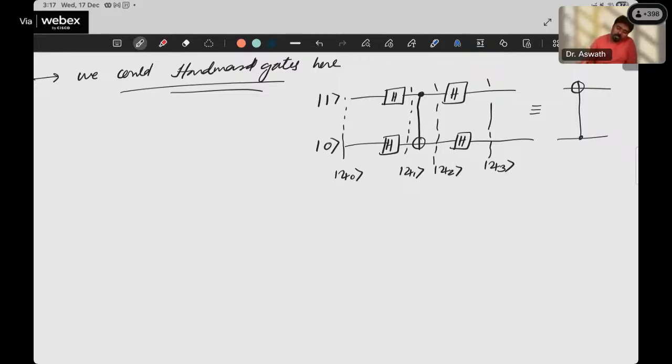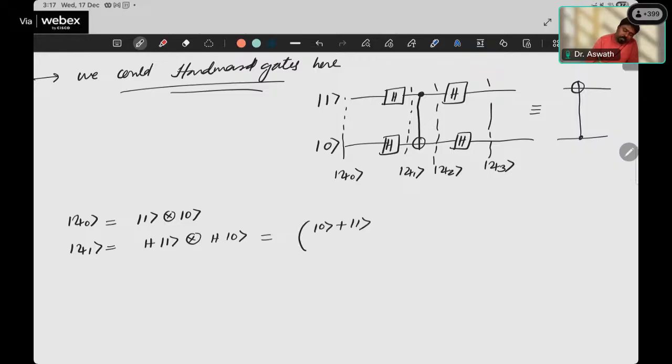I want to find the quantum states at various levels. First is psi 0, which is |1> tensor |0>. Now psi 1: Hadamard acting on 1, another Hadamard acting on 0, which gives (|0> minus |1>)/sqrt(2) tensor (|0> plus |1>)/sqrt(2).